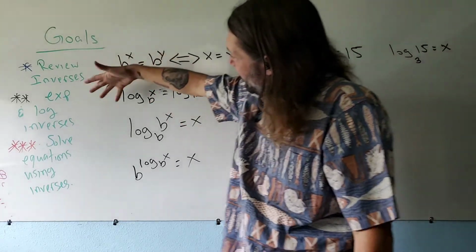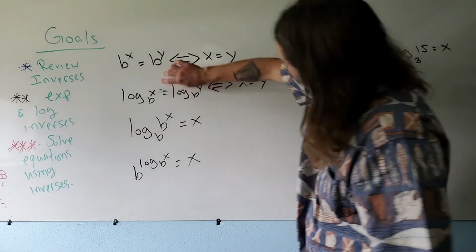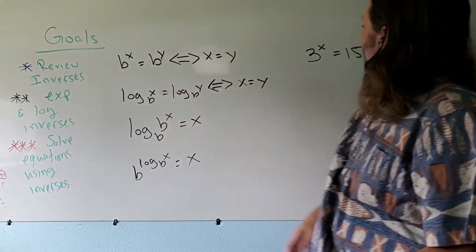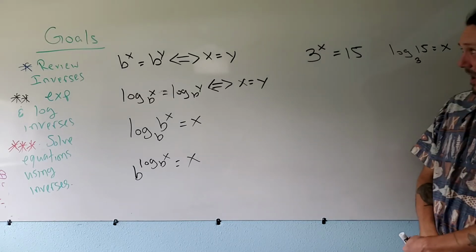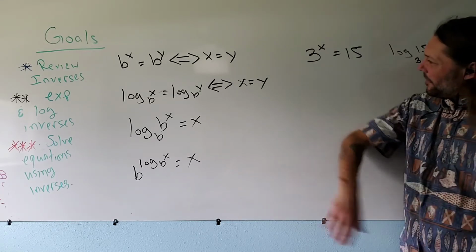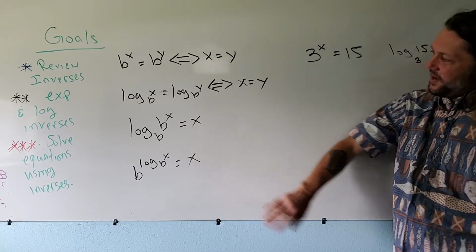And we got to review inverses, so I will play along with what the book recommends to teach on this one. All right, so now I'm either going to use this idea or I'm going to use this idea.